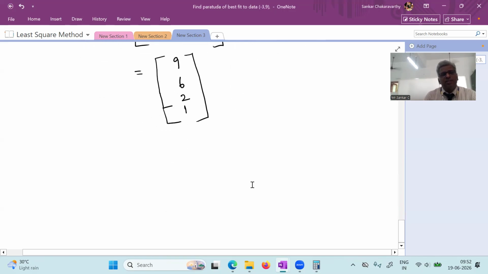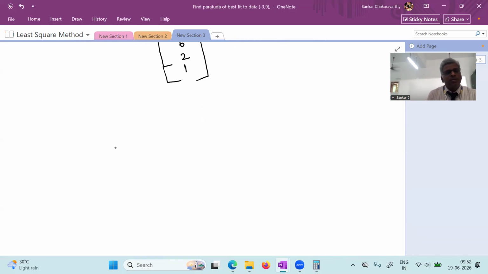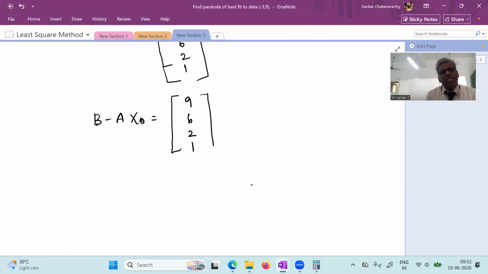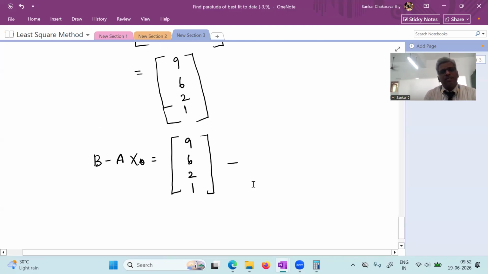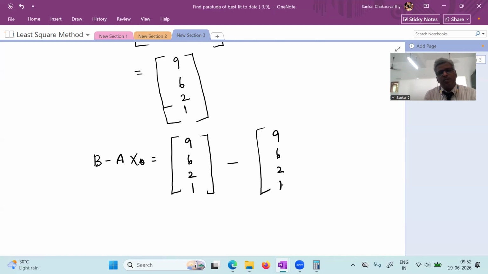And next is, you know, the value of b. Now, to find the matrix value here, that is b minus ax naught. B minus ax naught is, you know, the b matrix 9, 6, 2, 1 minus A into x naught. A into x naught is 9, 6, 2, 1.